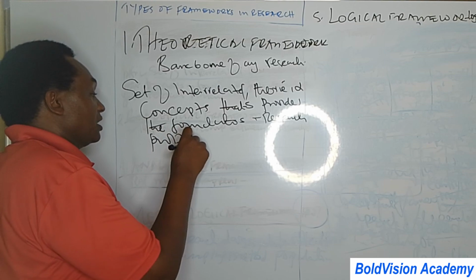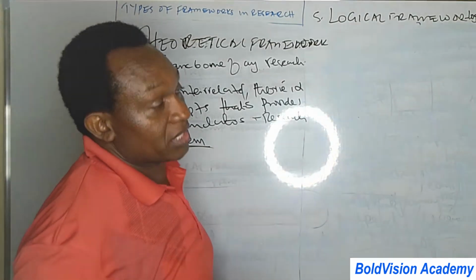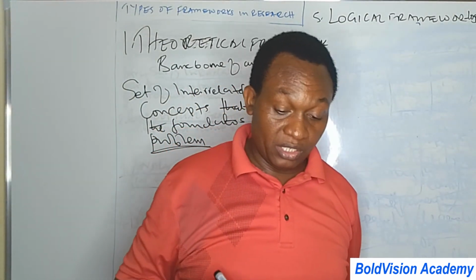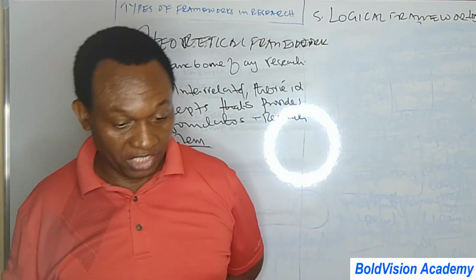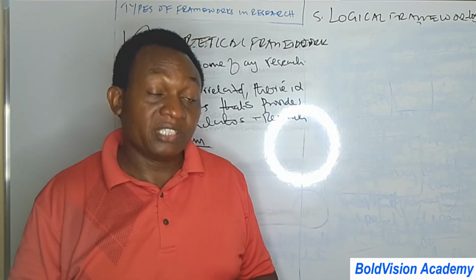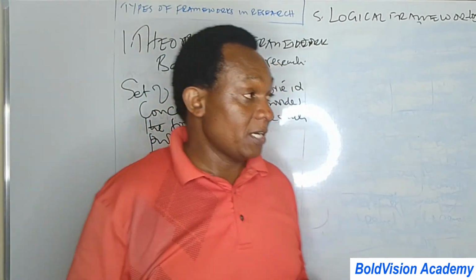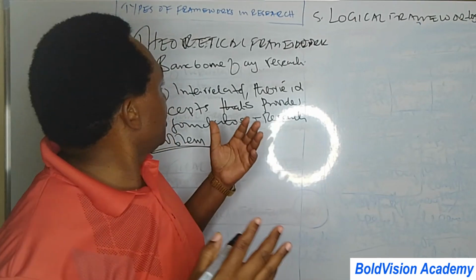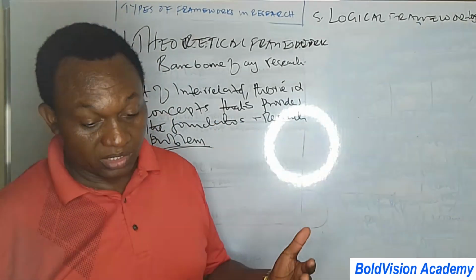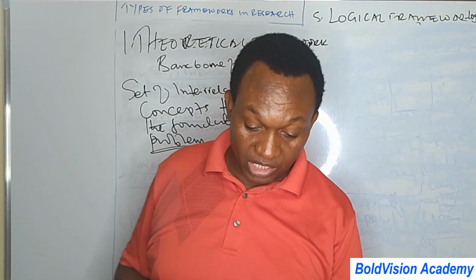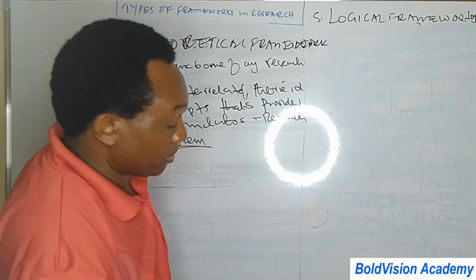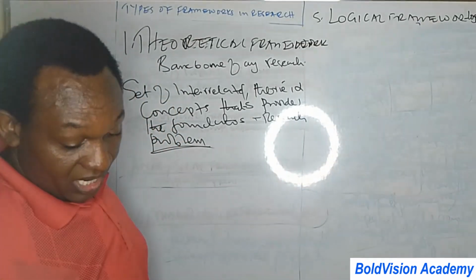If you want to understand how that research problem exists, then you must articulate very carefully and in a very structured way your theoretical framework, because any work that you are going to do must be supported by a theory.